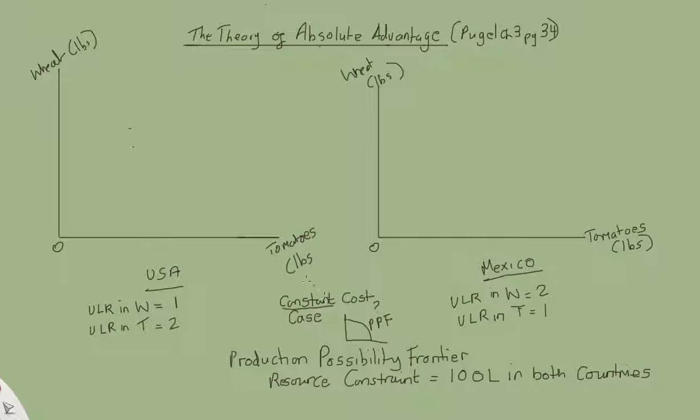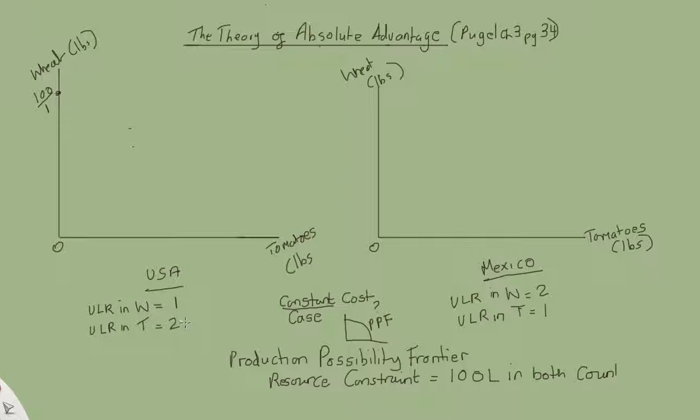What if they only made wheat? Let's say they don't make any tomatoes at all, and they're only going to make wheat. The question is, what would be the most wheat they could have if all their resources were devoted to the wheat industry? Well, that would be 100 divided by 1, which is of course 100. So if they only made wheat and had no tomatoes, they could have 100 pounds of wheat.